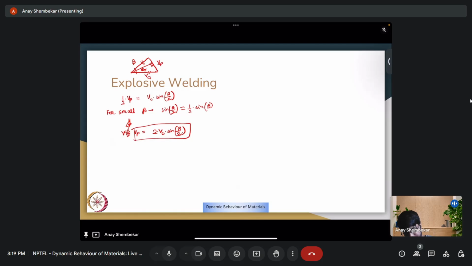This is the equation we have from here, and then you can just substitute the other one: for small beta angles, Vp is approximately Vc sine beta. So this is how the different velocity components are related to each other in the case of a parallel plate configuration in explosive welding.